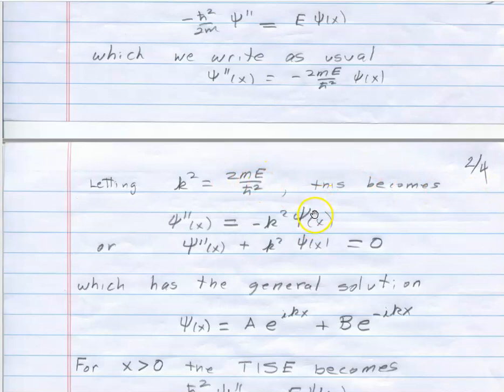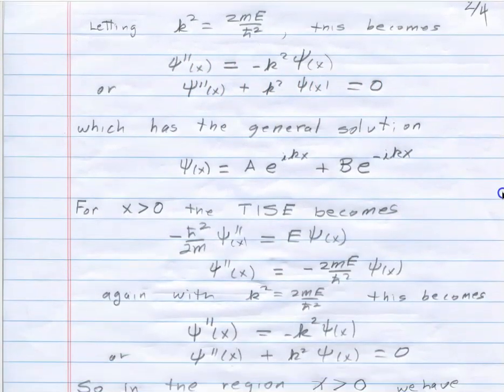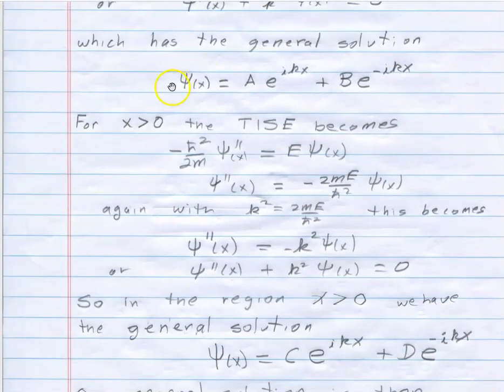And then rewrite the equation in the standard form that you would see in an ordinary differential equations course. And as we know, this has the general solution psi equal to A e to the ikx plus B e to the minus ikx. A and B are both general integration constants. So that's for x less than 0.